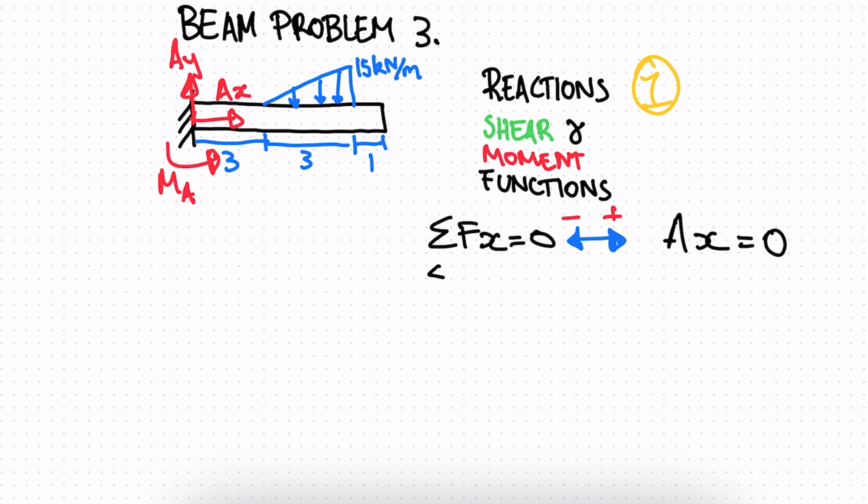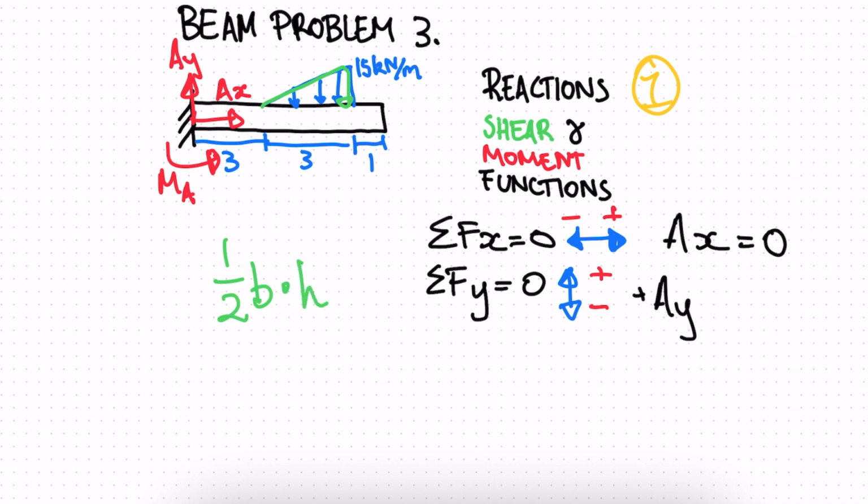Then we have sum of forces in the Y direction equal to 0. Any forces up or down, up will go positive, down we can say is negative. We have our positive reaction going up, so we can write positive AY, and we have our negative load going down on the beam. The total force of this triangular load will be half the base times the height.